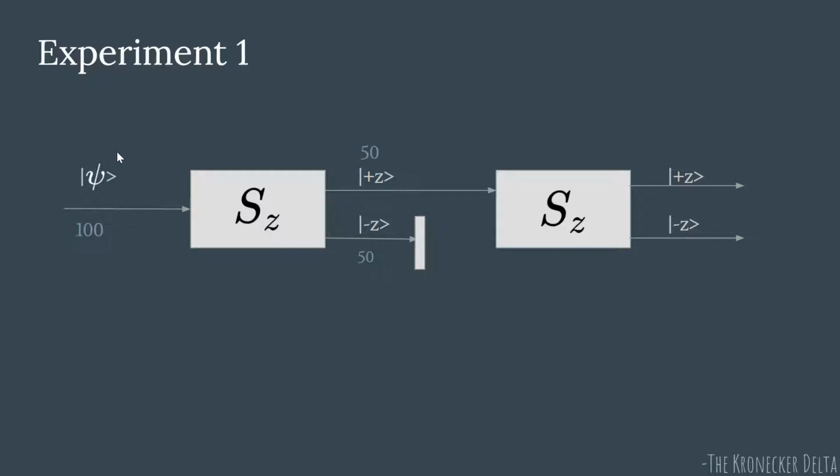Then we have this generic state psi for any atom, and it can be split into plus z or minus z. We block the beam that comes out of minus z, and we input only the plus z atoms into another S_z analyzer.